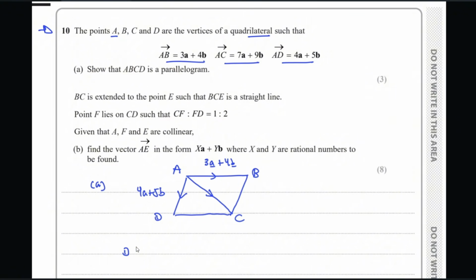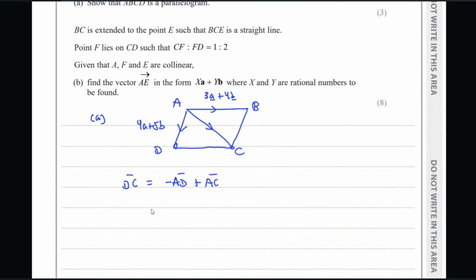So if I just want to find an expression for vector DC, to go from point D to point C, I could go DA and then AC. So that could be negative AD plus vector AC. We have an expression for AD, we have to put a negative sign in front. So negative 4a minus 5b plus vector AC.